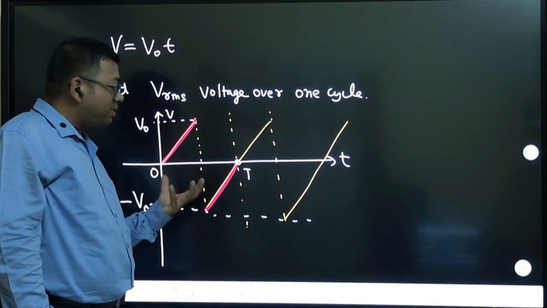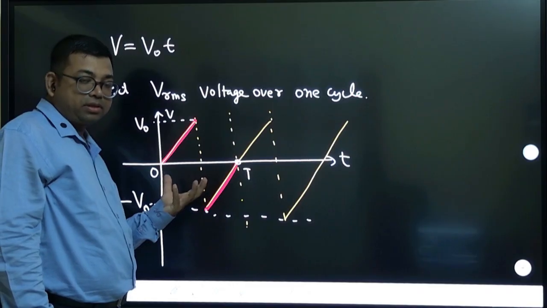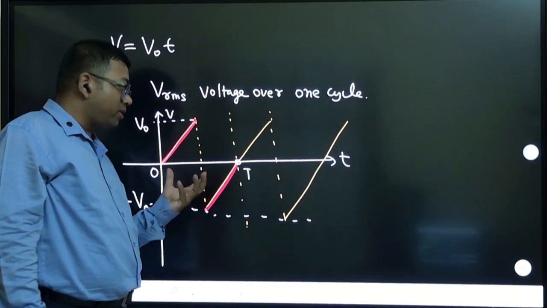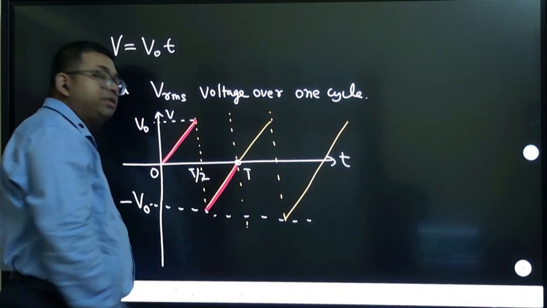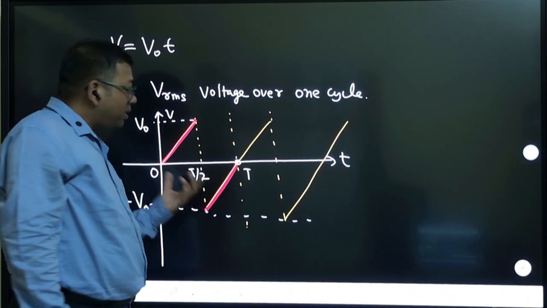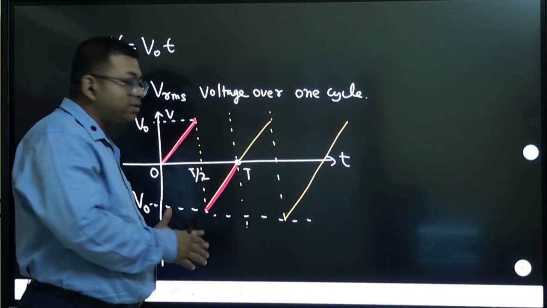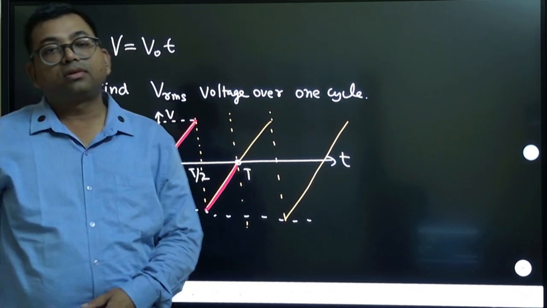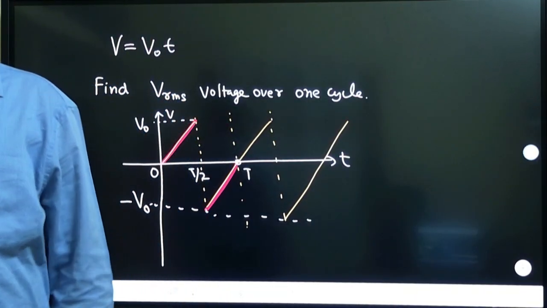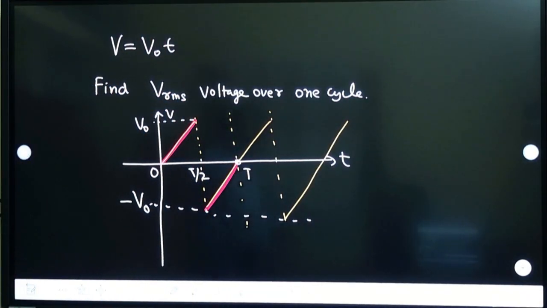Now see, the graph is symmetric, just like in the case of a sinusoidal wave, where it is half time period. It is a symmetric graph. So the RMS over half cycle and the RMS over full cycle are going to be the same. So your answer will be the same, V naught by root 3. That is a shortcut.